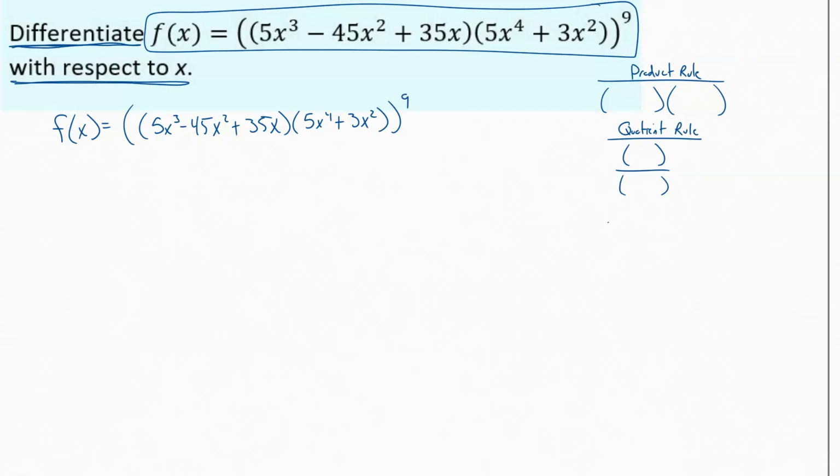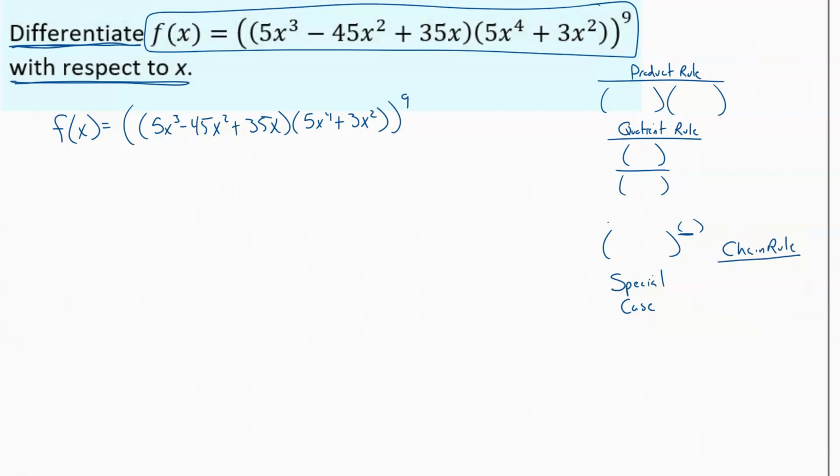If you see you've got a bunch of stuff raised to a power, this is a classic chain rule setup. Or if you've got one of your special case derivatives, one of those ones we just have to memorize, those are very often chain rule situations. And so we would want to follow our chain rule as the primary rule.